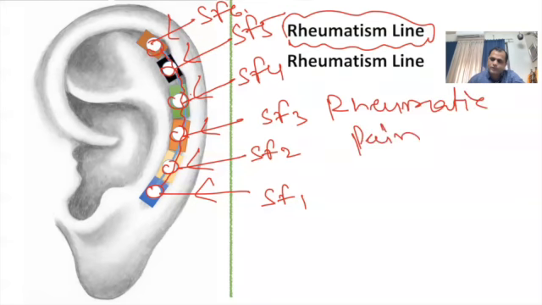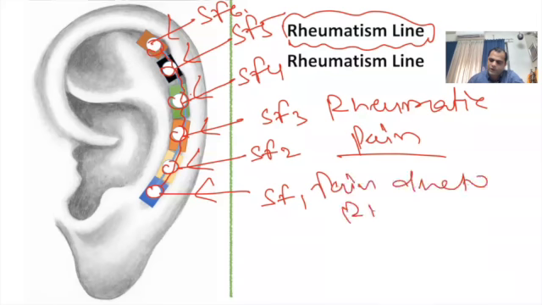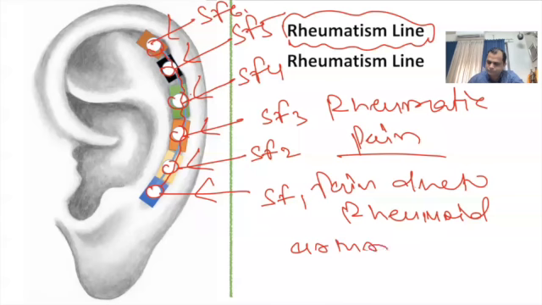The rheumatic pain or the pain due to rheumatoid arthritis. तो अगर किसी को rheumatic पेन होता है, हम इस पूरी लाइन को ट्रीटमेंट दे देते हैं. So this is called the rheumatism line.